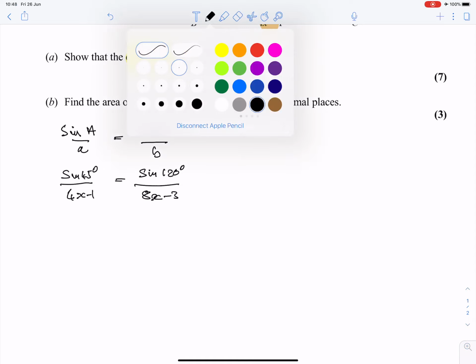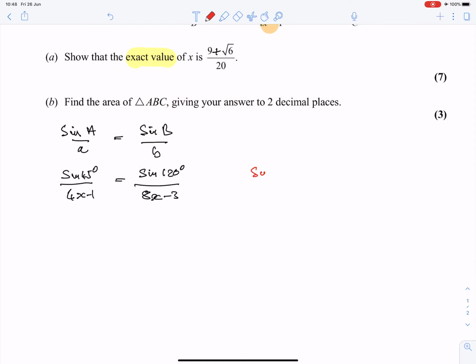Well, we should know sine of 45 is equal to 1 over root 2 or root 2 over 2. Sine of 120, well, quick sketch of the sine waves. Sine of 120 is equal to sine of 60, which hopefully we know.